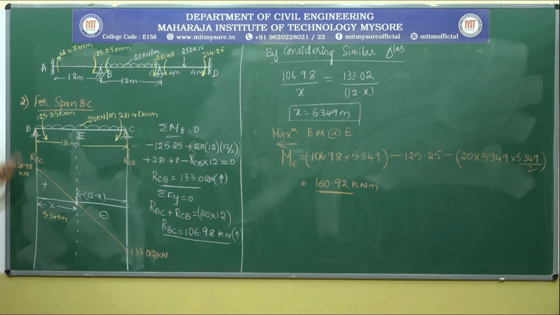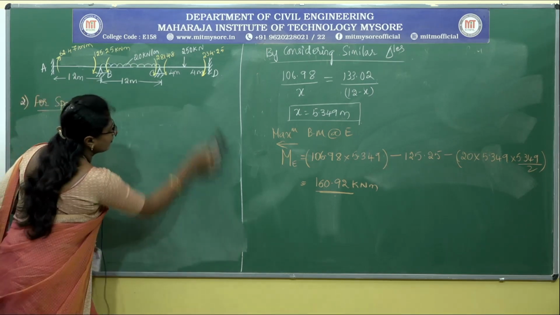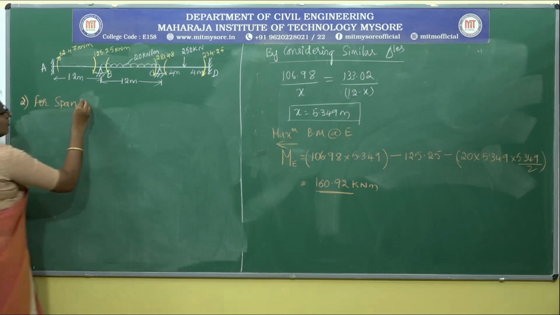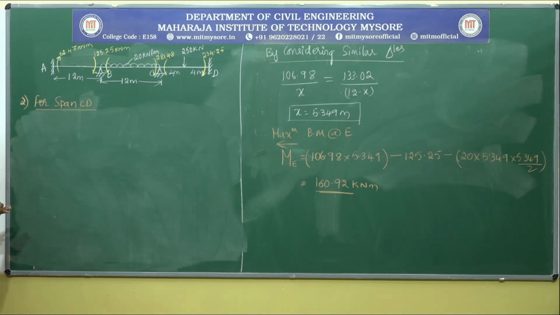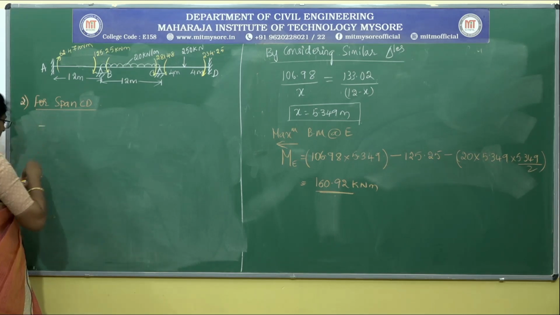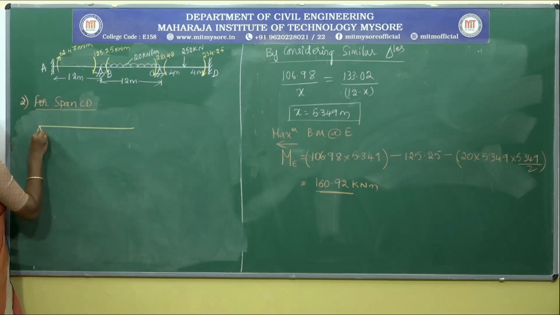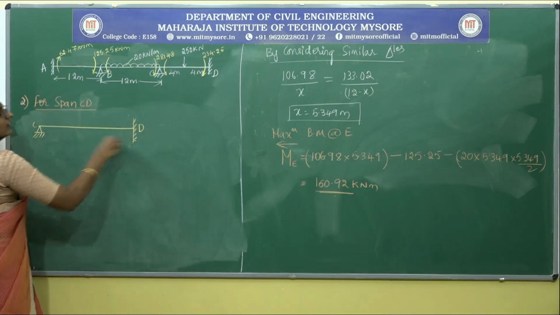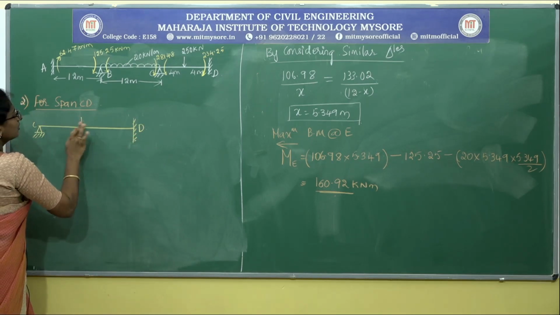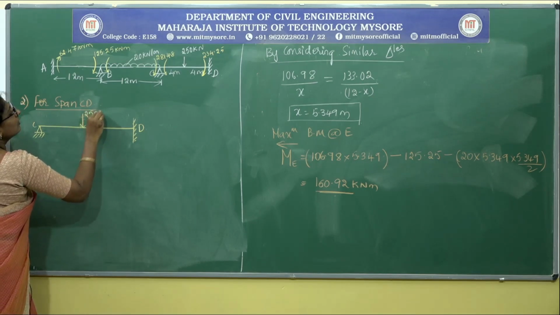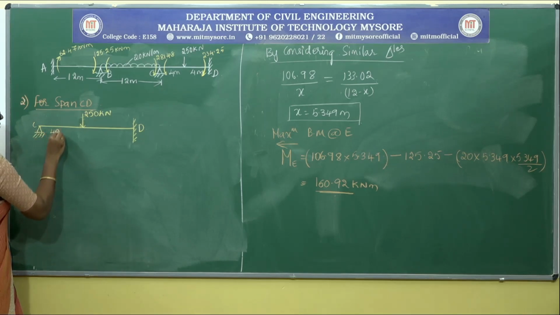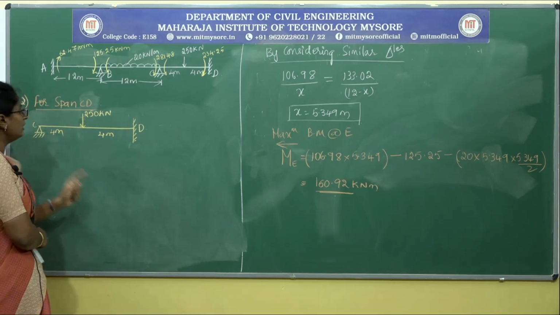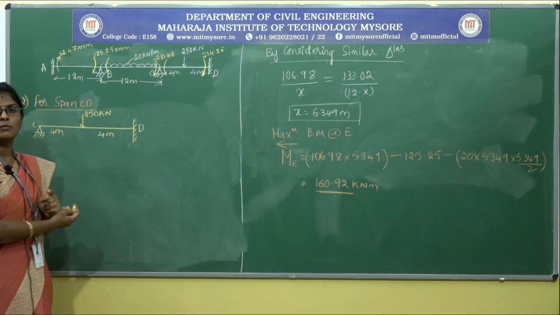Now we shall take up the next span CD. Now considering span CD, we have hinged at C, fixed at D. In this problem, since the load is exactly acting at the center of the span, no need to consider the shear force diagram to calculate the point of maximum bending moment.